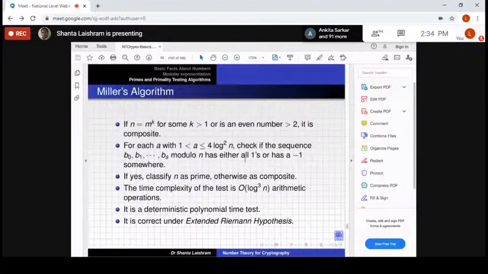Because of the extended Riemann hypothesis, there's a notion of primitive root, so when a lies in this range there's a primitive root, and because of that n becomes a prime. Unconditionally you cannot say that it's polynomial time, but under the extended Riemann hypothesis, it's deterministic polynomial time.